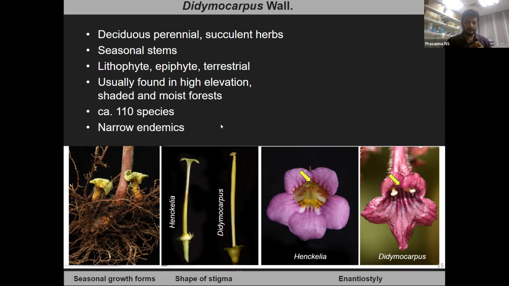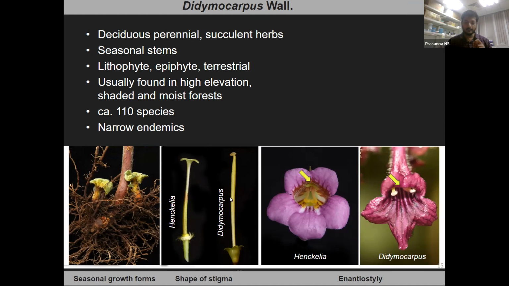It can be easily distinguished from its related genera by a few characters. Didymocarpus has a seasonal growth pattern, whereas Henkelia can be seen throughout the season. The flowers of Didymocarpus also have a capitate stigma, whereas Henkelia and its allies have what they call a chiritoid stigma or bifid stigma.